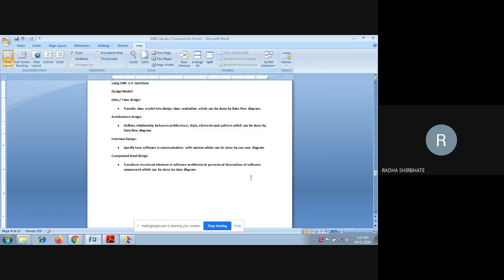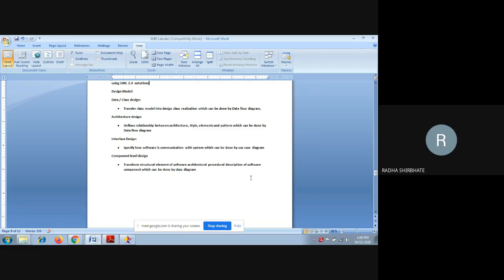The third part we have to study here is the interface design. Under the interface design, we specify how the software communicates with the system itself. That means we specify the interrelationship of the background system with the foreground system, and how exactly the communication takes place.